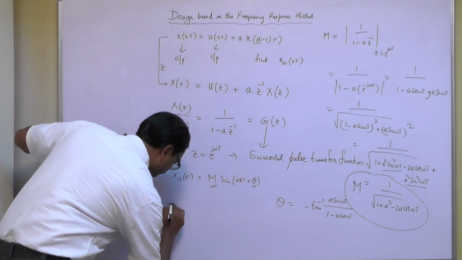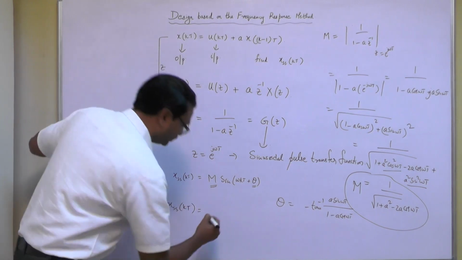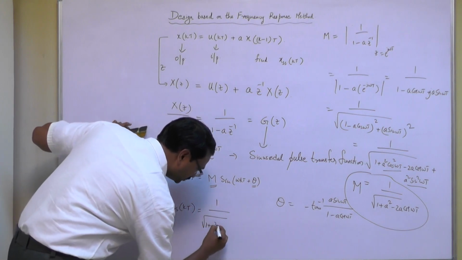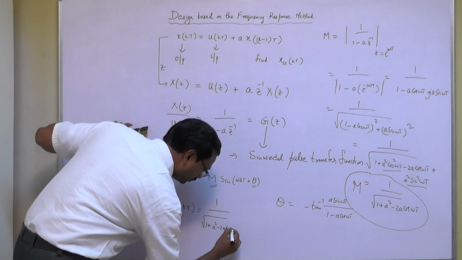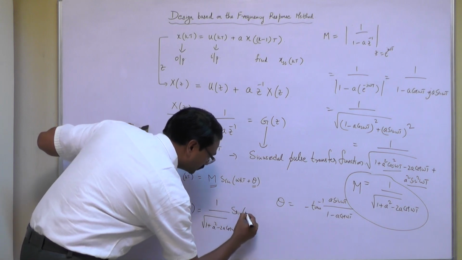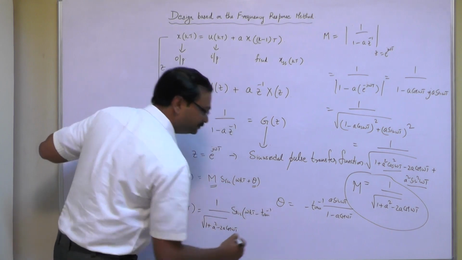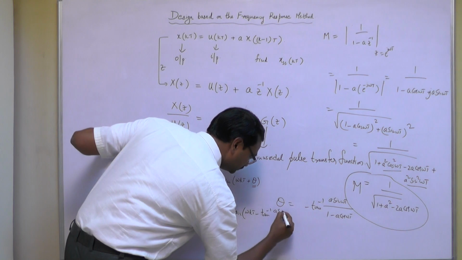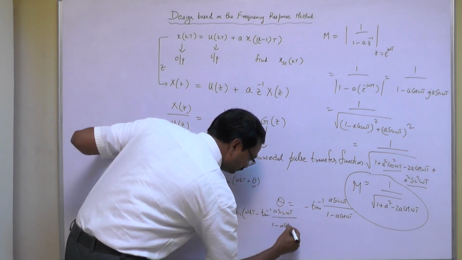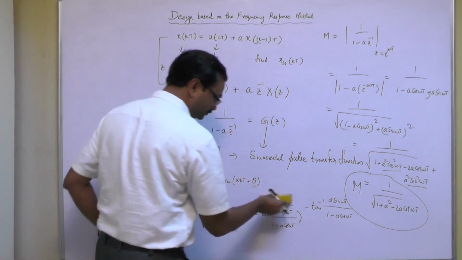Therefore, what is xss of kt? xss of kt is nothing but 1 by under root 1 plus a square minus 2a cos omega t, sine of omega kt minus tan inverse of a sin omega t by 1 minus a cos omega t.